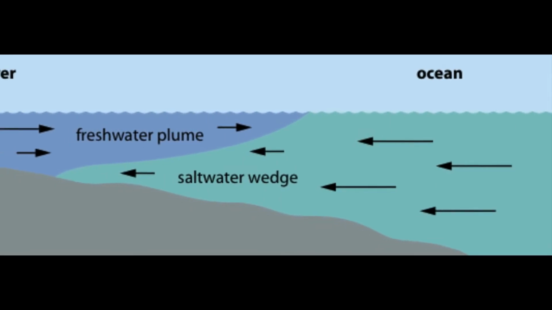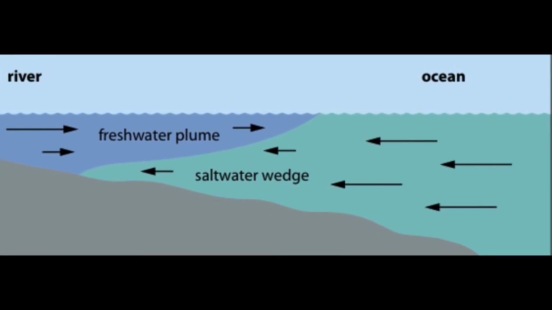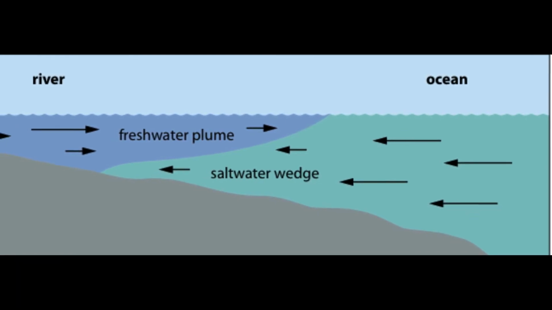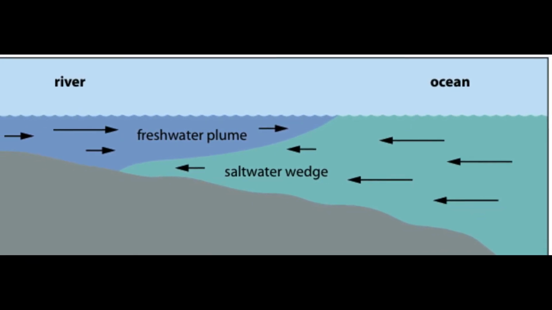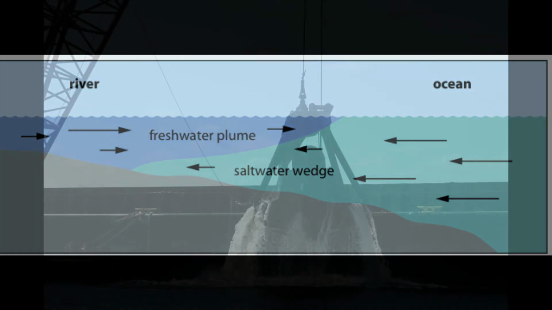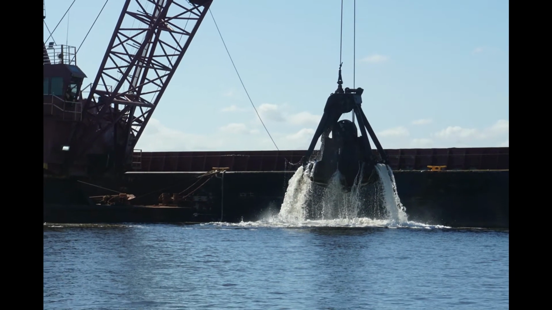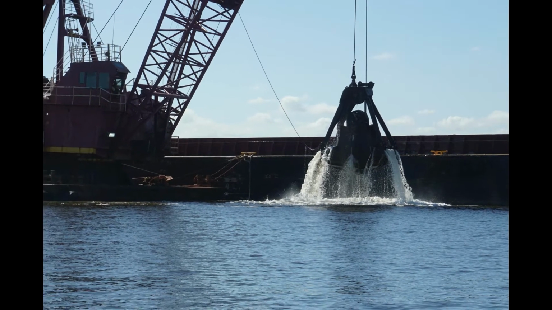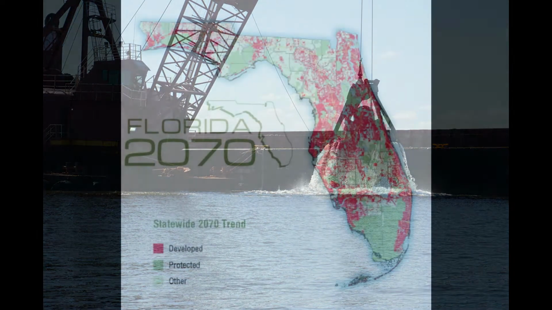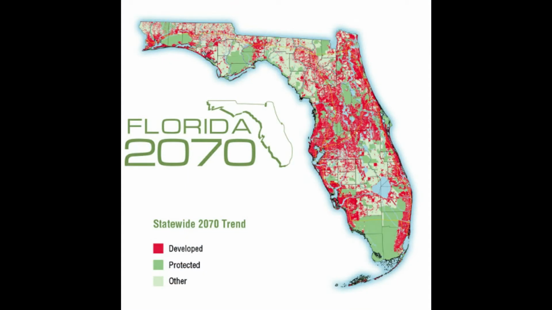Salt water is denser than fresh water and will form a wedge-shaped mass that flows upstream along the river's bottom. This salt wedge can be driven further inland by human actions such as dredging the river deeper and withdrawing water from freshwater tributaries for Florida's increasing population. These actions are just a few of what can drastically change the overall ecosystem of our St. Johns River.